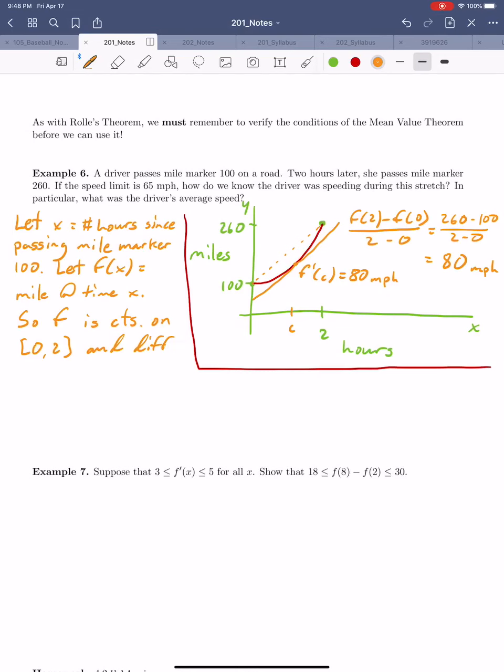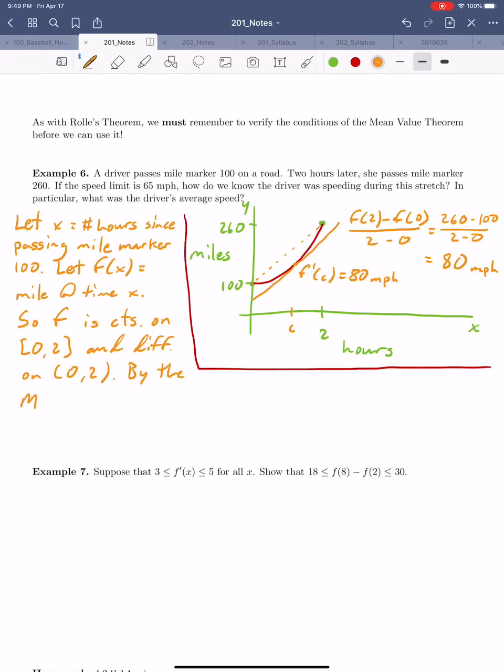We can talk about the car's velocity at any point, provided there are no sudden breaks in their speed, provided they don't get into a crash or hit a pothole that alters their speed or something very weird like that. So we can talk about f as a continuous and differentiable function.